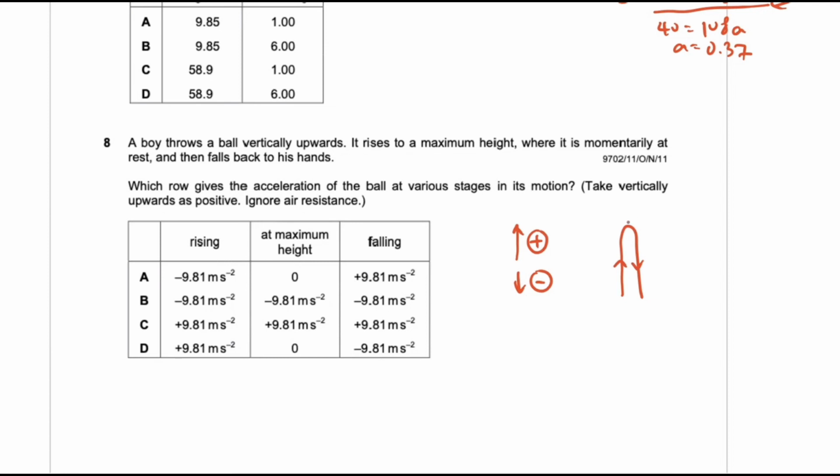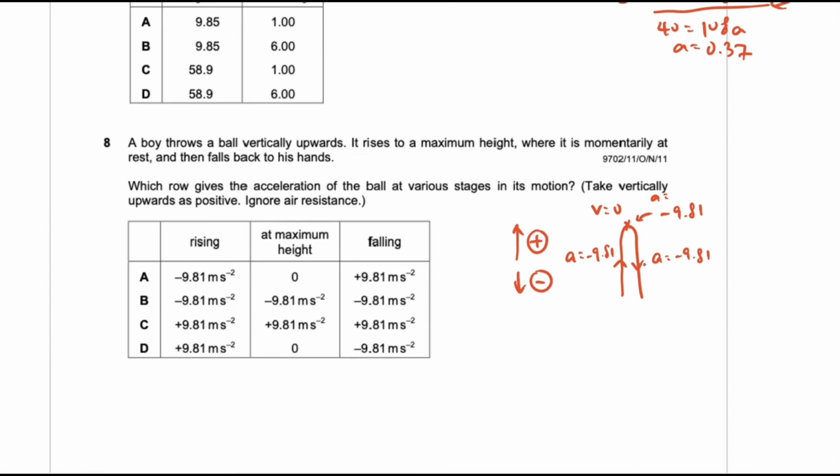No matter which point, at this point or this point, a is negative 9.81. Even here, negative 9.81 at this point. Maybe you feel like it's not moving. Yes, it's true, it's not moving. But when it's not moving, v equals 0, not a equals 0. a is still negative 9.81.